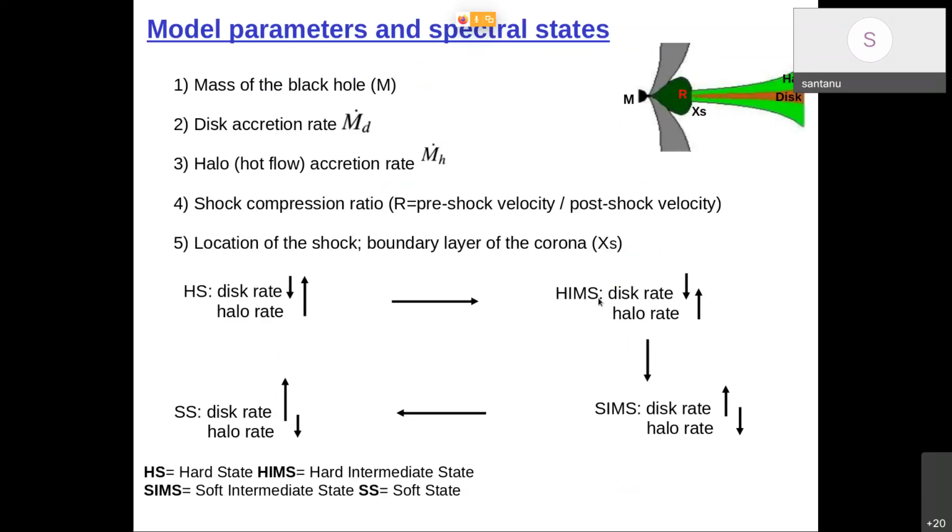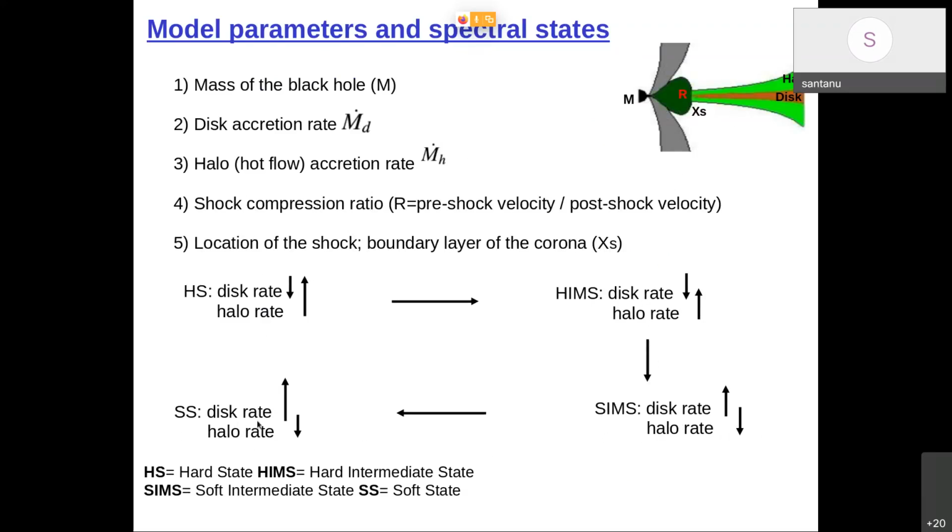When it moves to the intermediate state, in a hard intermediate state, the disk rate gradually increases. That means the Keplerian disk, which was formed at the outer boundary of the disk, gradually starts moving towards the black hole, and the halo rate decreases. In the soft intermediate state, disk rate and halo rate are more or less comparable, but the disk rate is a little bit higher.